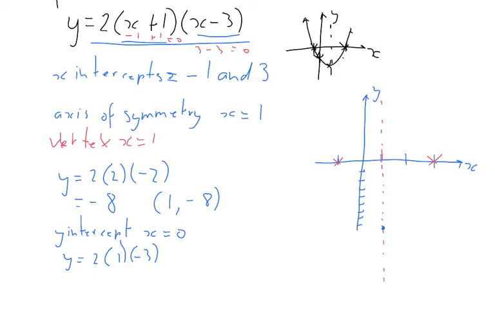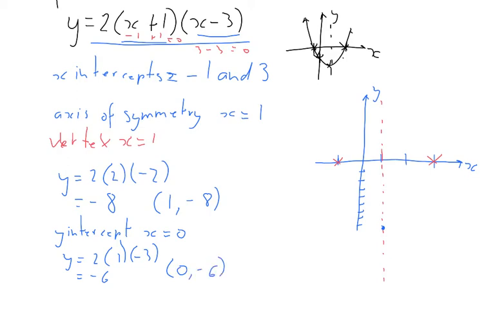And just by looking at the sketch I have here on the right, you can tell the y has to be negative because we know it's got a minimum because it's positive, and we're on the axis of symmetry. So to keep it consistent, so you get a rough idea, 2 times 1 is 2, times -3 is -6. So that means the y-intercept is (0, -6).